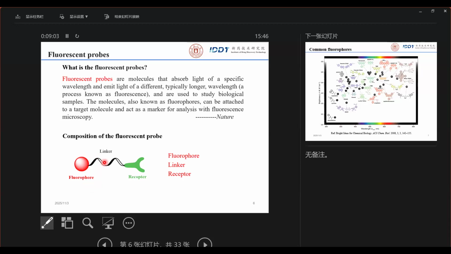So how do we image, how do we detect? There are many methods. Usually we go to the hospital and check by, for example, fluorescence or the immune system. If we use a fluorescent probe, we can use this technology without invasion.